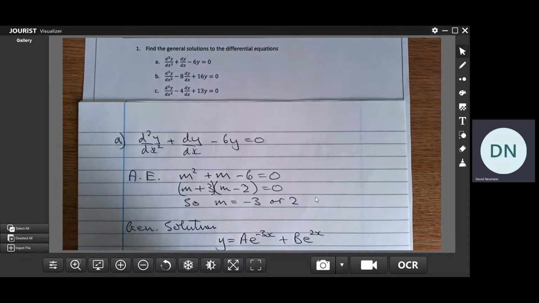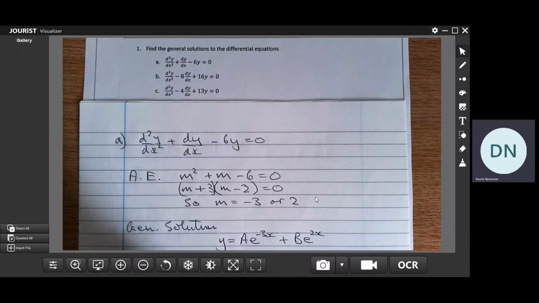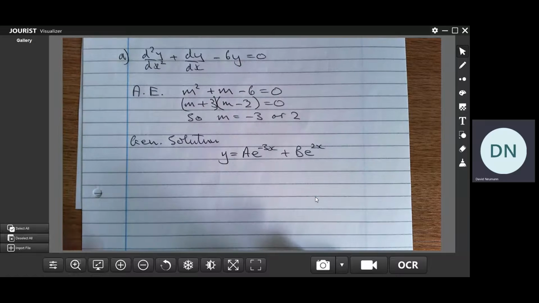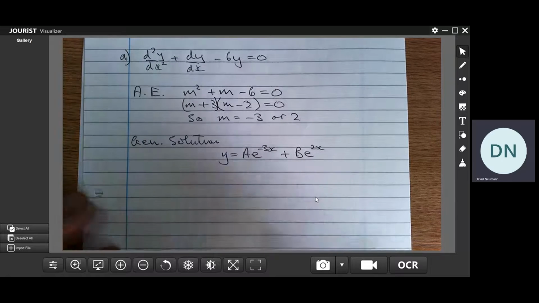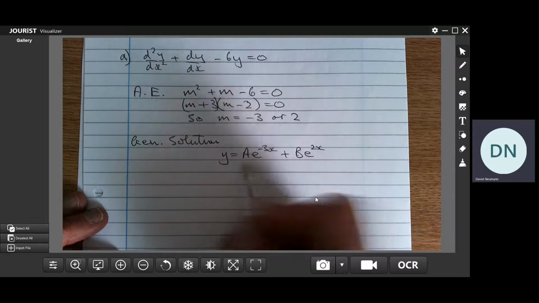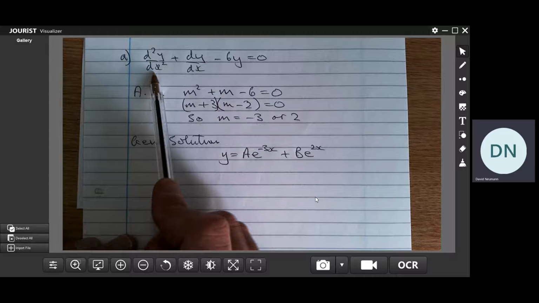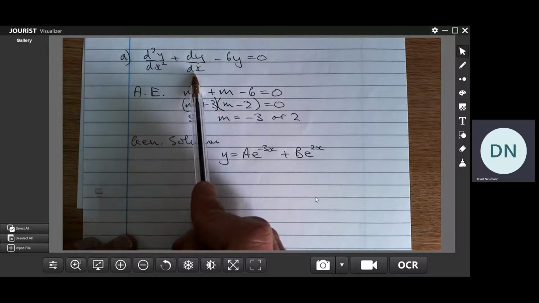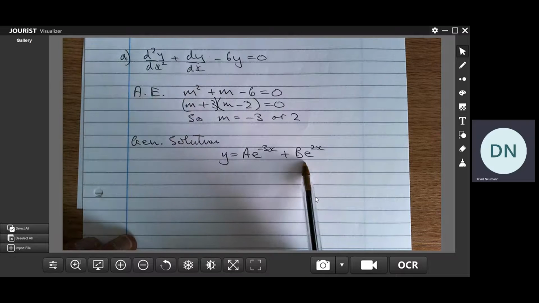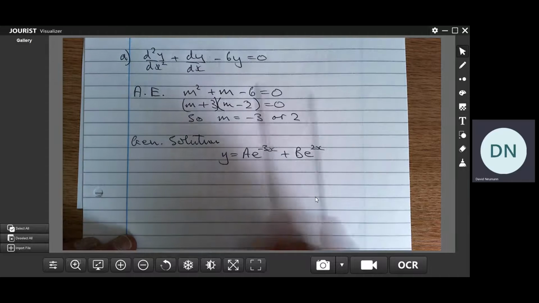Okay, part B then. And the other thing I should say is that I'm not going to go back and check that on this video, but I strongly suggest that you differentiate this twice and then check that your second derivative plus your first derivative minus 6 times your function does in fact equal 0.